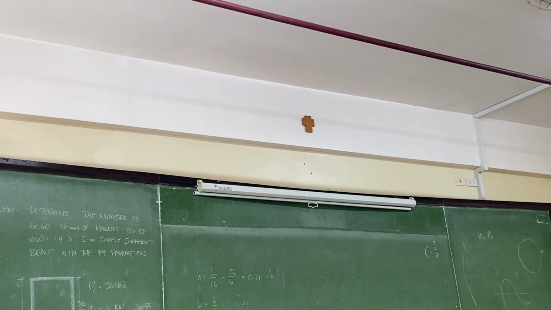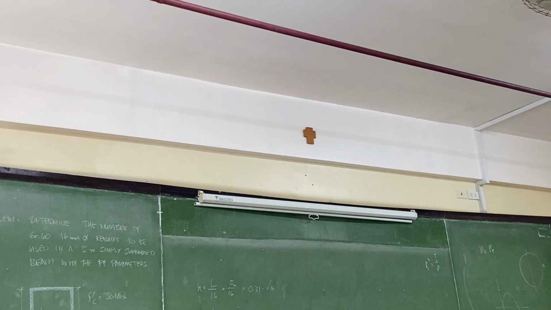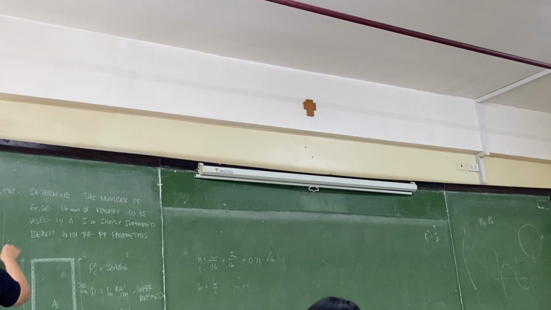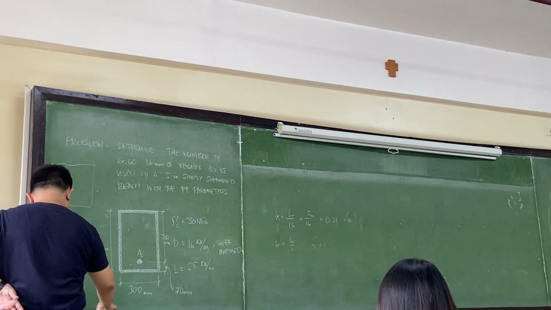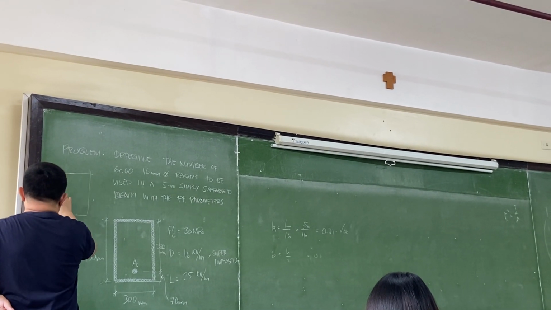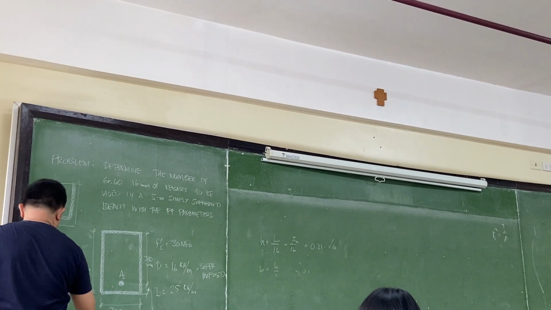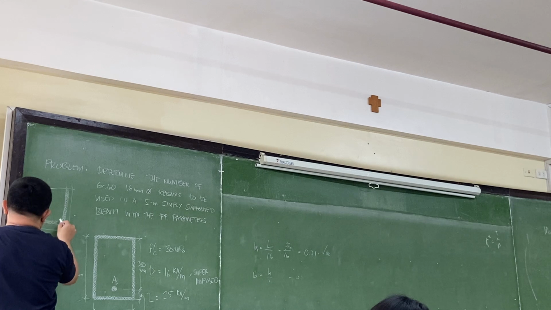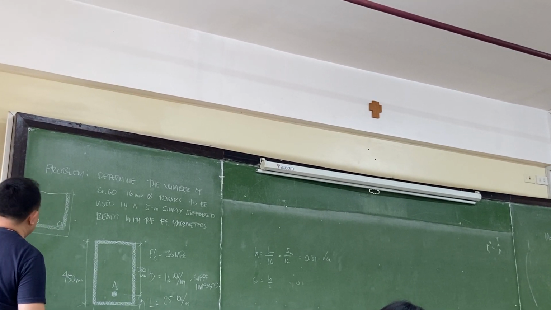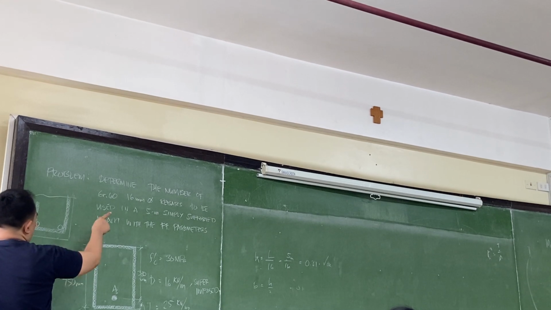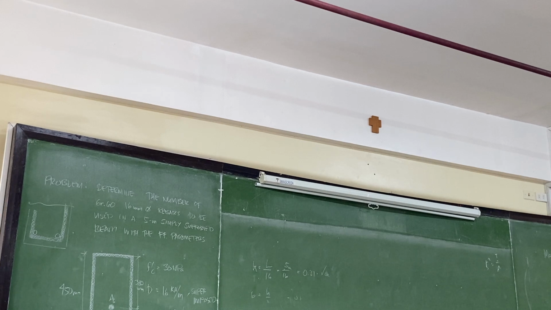Okay. So for the cover, 16. This is your beam. You have your stirrup. For 16 mm bars, according to the code, you are allowed to use 10 mm stirrups.